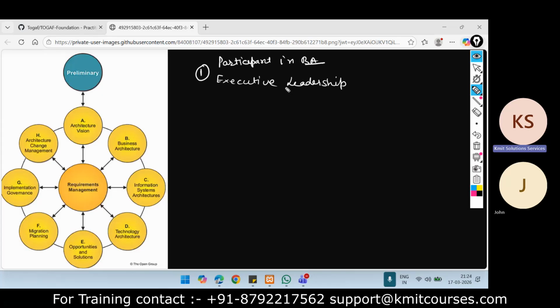Executive leadership means CEO, managing director, chief operating officer, chief financial officer, CIO, CTO, right? Their role is to define the business vision and strategies. They need to approve the major business architecture changes. They need to ensure alignment with the organization or company goals.